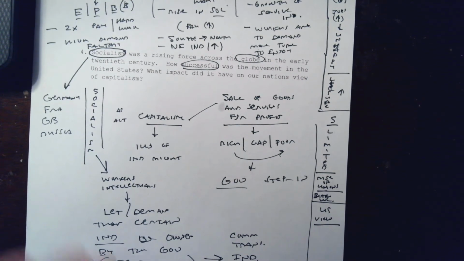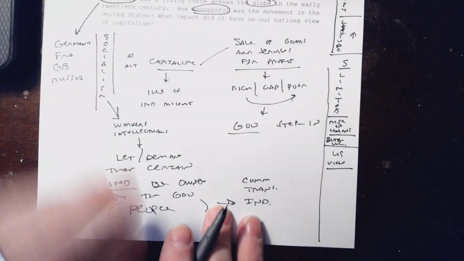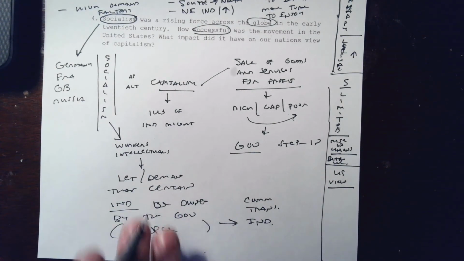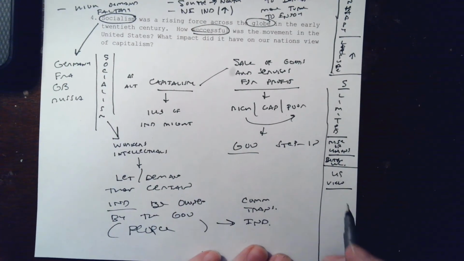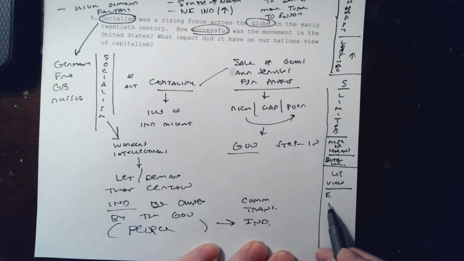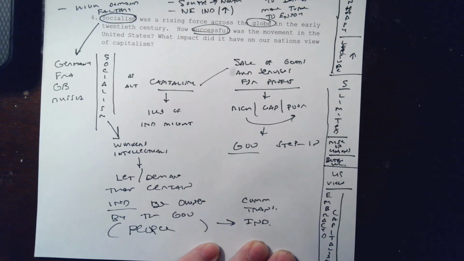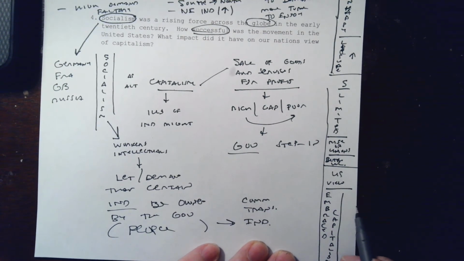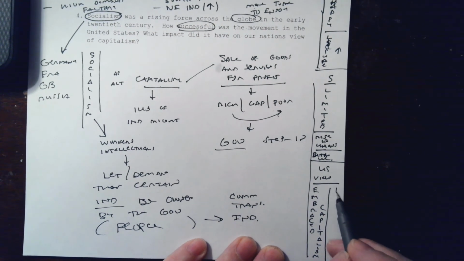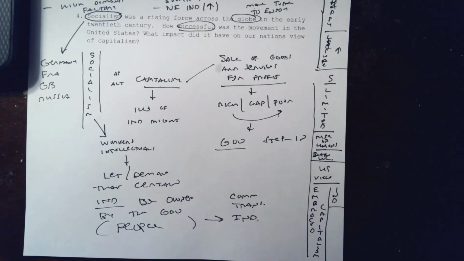Even though the population saw all this nasty stuff, at the end of the day, they still embraced capitalism. All right. And it's largely due to the fact that Americans don't like to be told what to do. All right. We love our independence. And again, yeah, we see all this stuff.